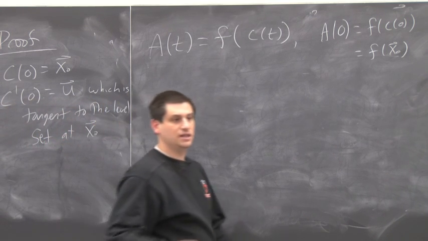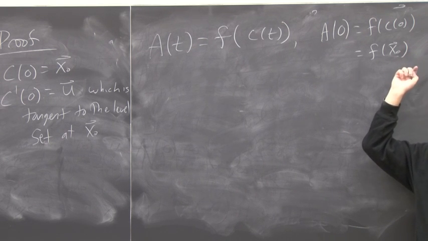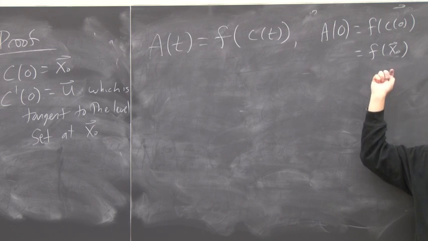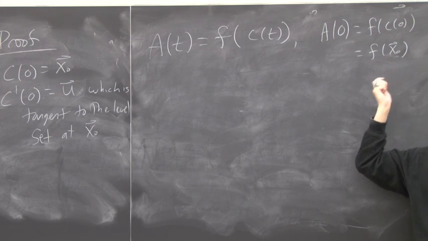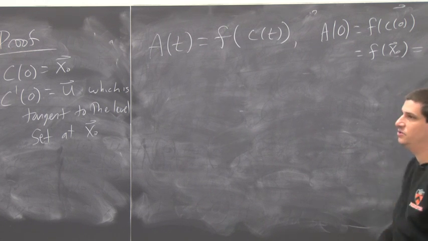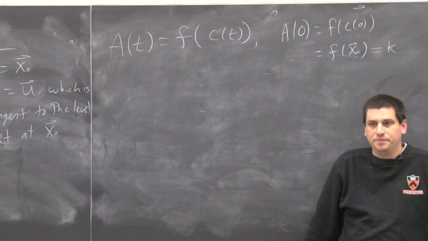X naught is in this level set. So what must f of x naught equal? So since I'm in the level set, it has to equal what? It has to equal k. This is the definition of being in the level set of value k. F of x naught is just equal to k.